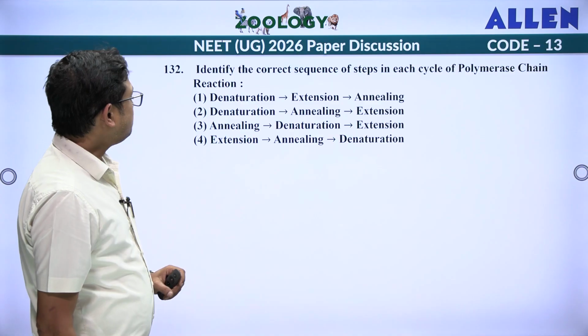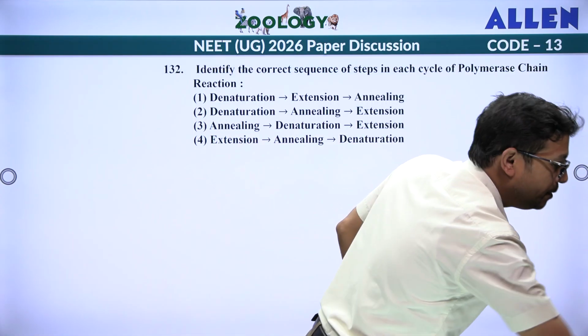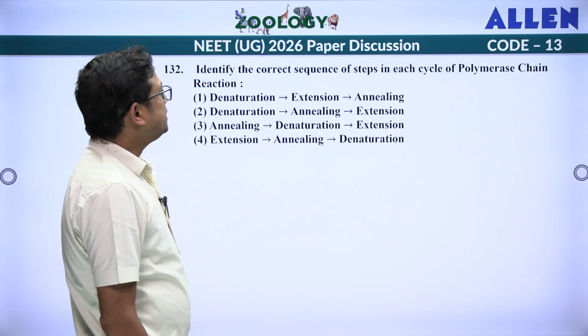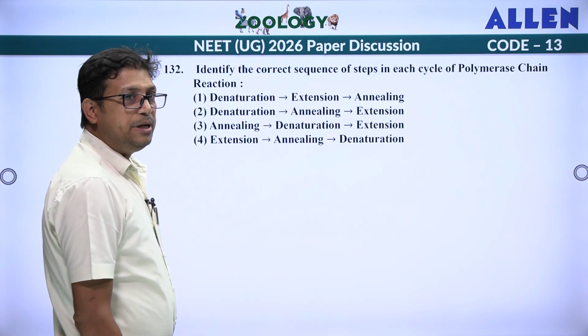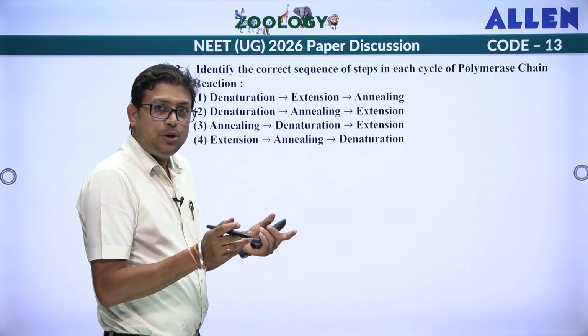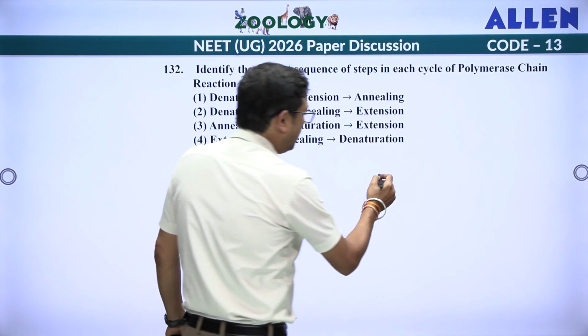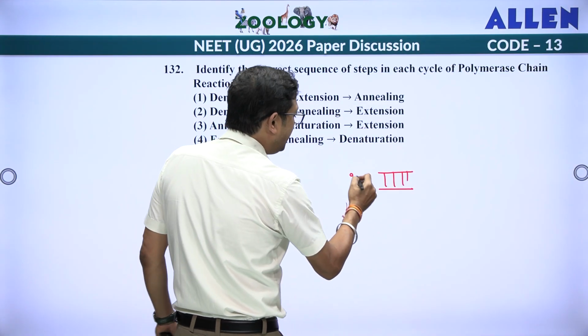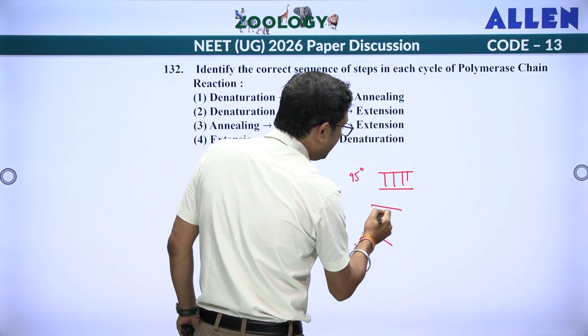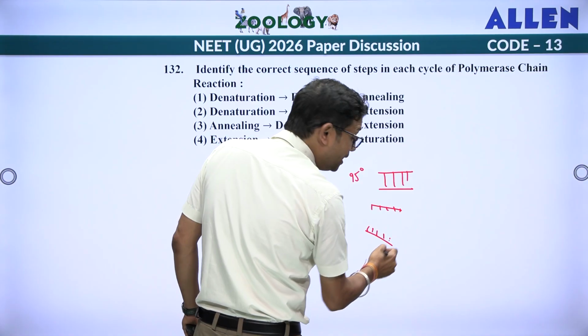Next, identify the correct sequence of steps in each cycle of PCR. Okay, in PCR what happened? First we need to denature, right? We have to take a double stranded DNA and increase the temperature to 95 degrees Celsius so that they will be single stranded. This is called denaturation.